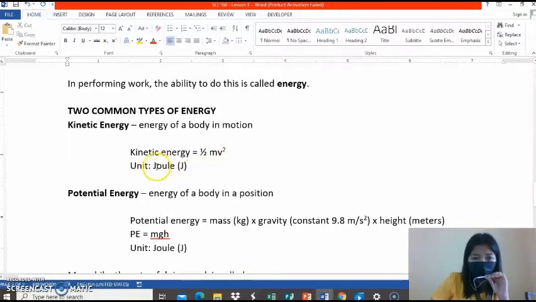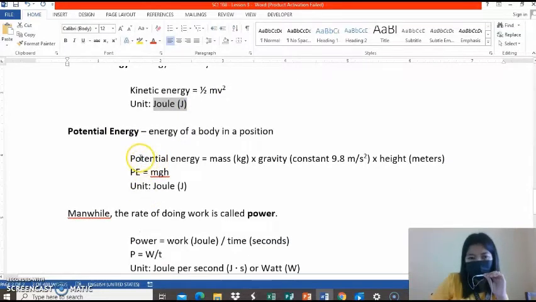And then we have here the unit which is joule. For potential energy, we have the mass multiplied to gravity which is constant. We have the constant equivalent for gravity which is 9.8 meter per second squared and multiplied to height which is in meters. So the unit for potential energy, since energy pa rin siya, is joule.